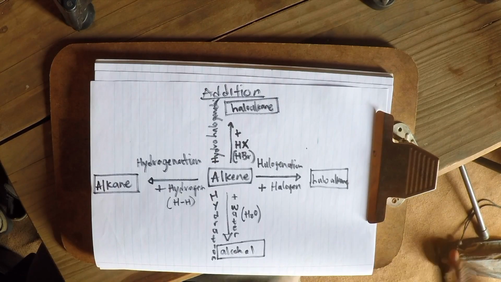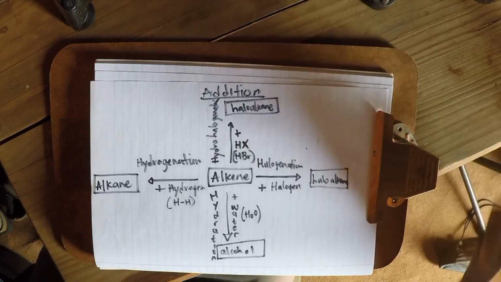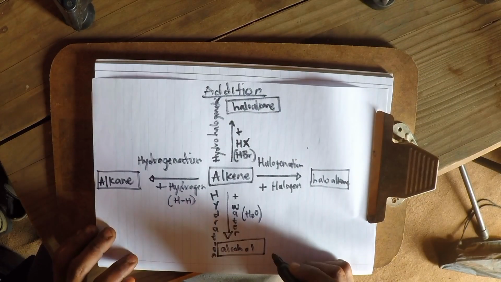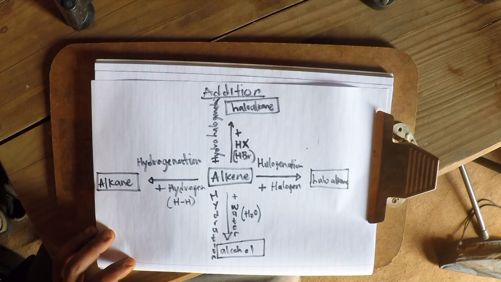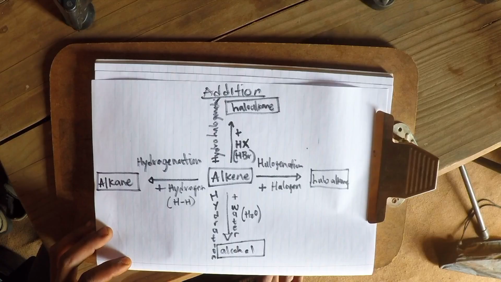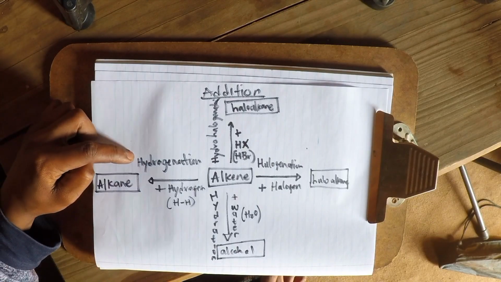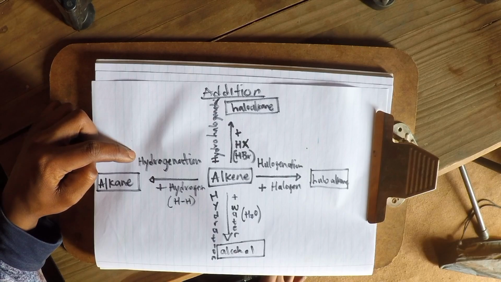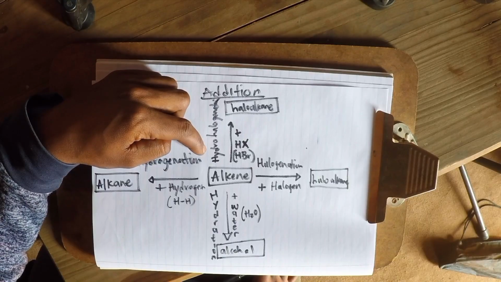For example, if you reverse hydration, it becomes dehydration. If you reverse hydrogenation, it becomes dehydrogenation. If you reverse hydrohalogenation, it becomes dehydrohalogenation.